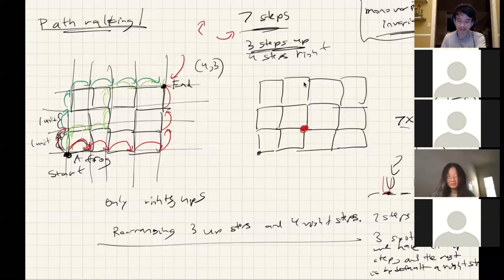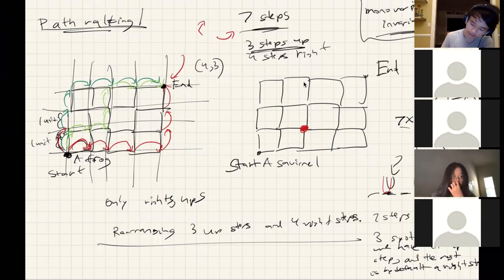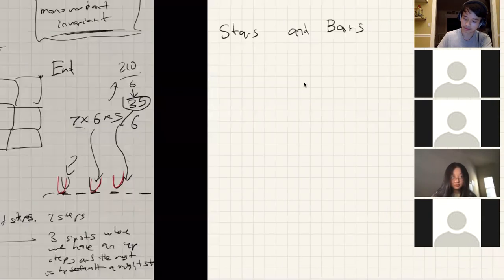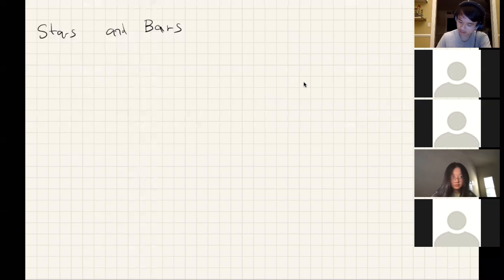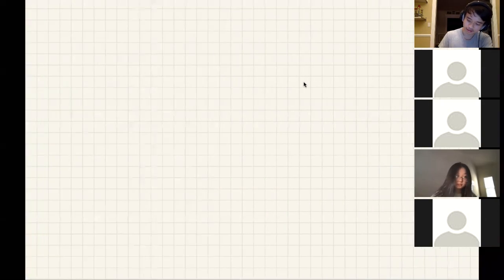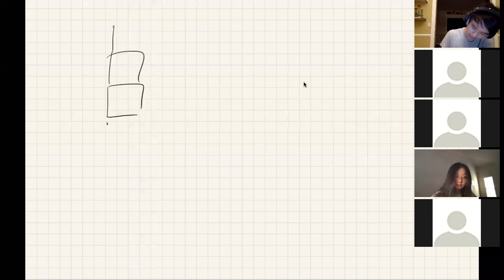So let's say we have a squirrel at this start position, and it wants to go to the end position, right? Let me add a new page before.